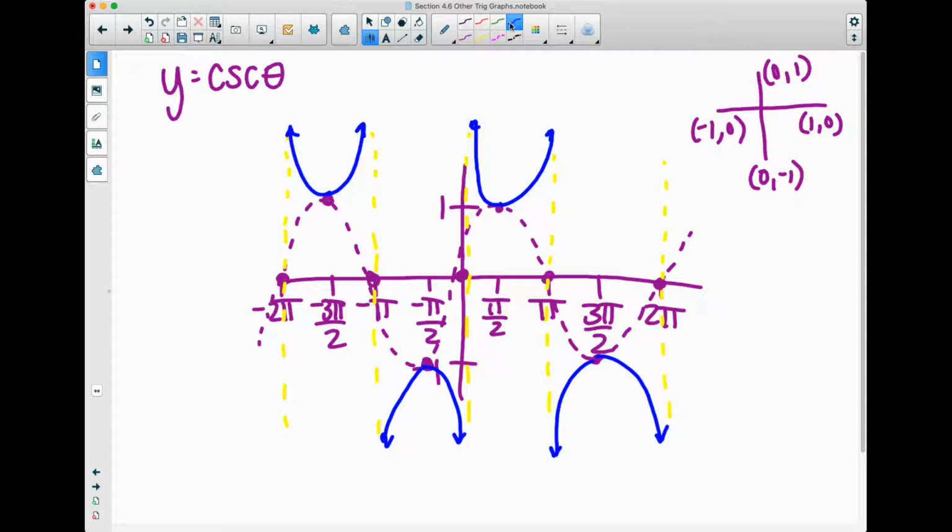And then if you think about it, if cosecant is sine flipped, then everywhere that it's zero, if we flip that, then we're divided by zero. So that's why we put asymptotes at everywhere it's zero. Then from there, you just draw the little mini parabolas within those limits. I'll leave that up here if you want to copy it down real quick while we're doing that other one.